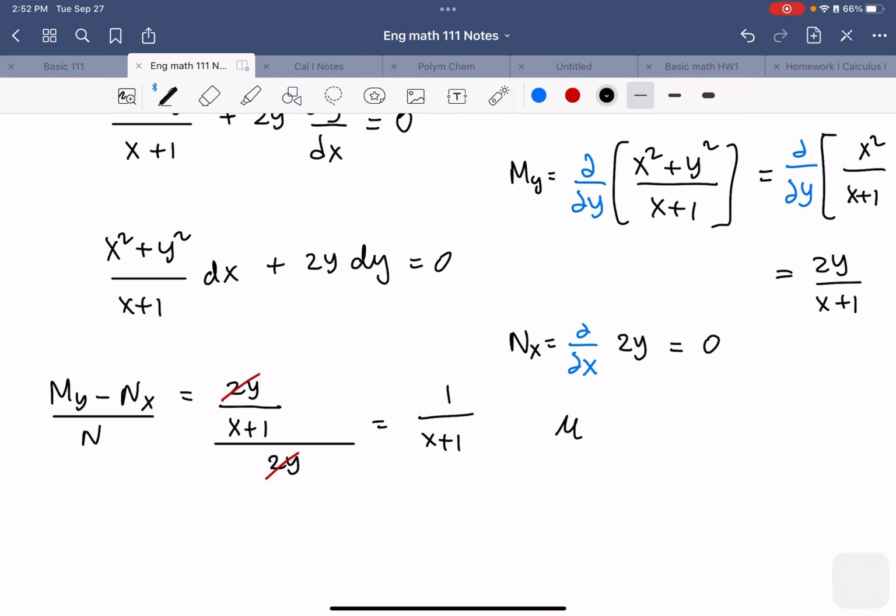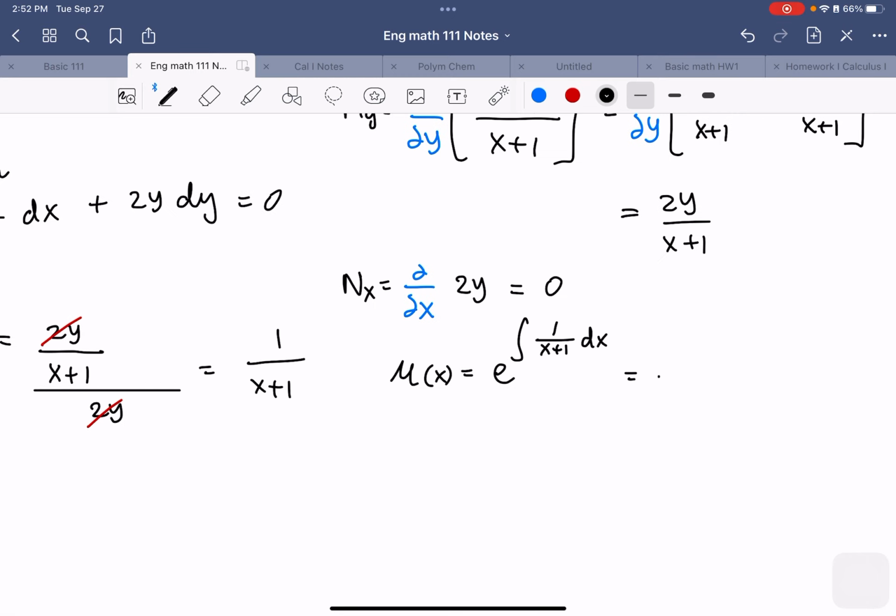So we could write the integrating factor as e to the integral of 1 over x plus 1 dx, and this is equal to e to the ln of x plus 1. Or we could just say that this is going to be x plus 1, because we are sure that it should be positive.